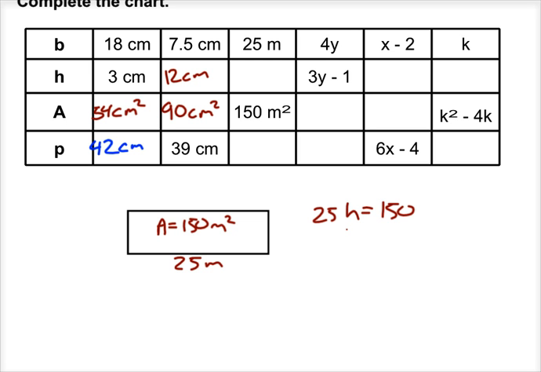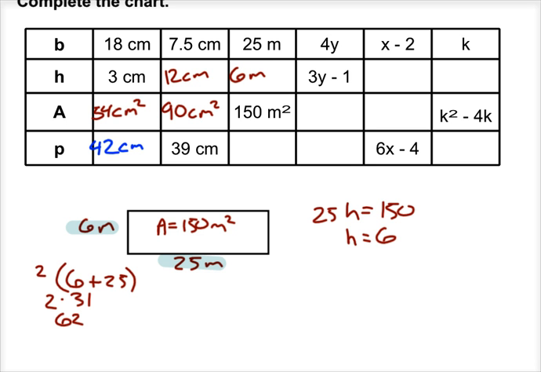Divide each side by 25, and you end up getting 6. Now for the perimeter. Well, I know the perimeter, I add the base and the height, and then I just double that answer. So 6 plus 25, doubling that answer is going to be 2 times 31, which is 62. And I know that the units will just be meters.